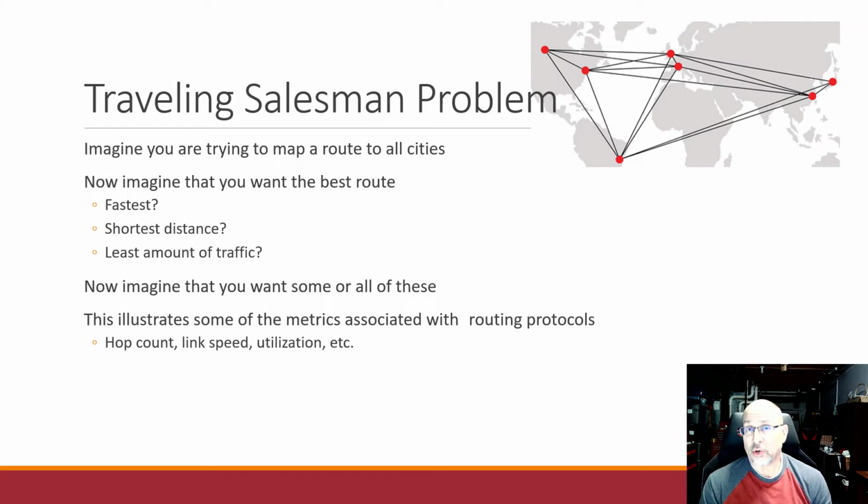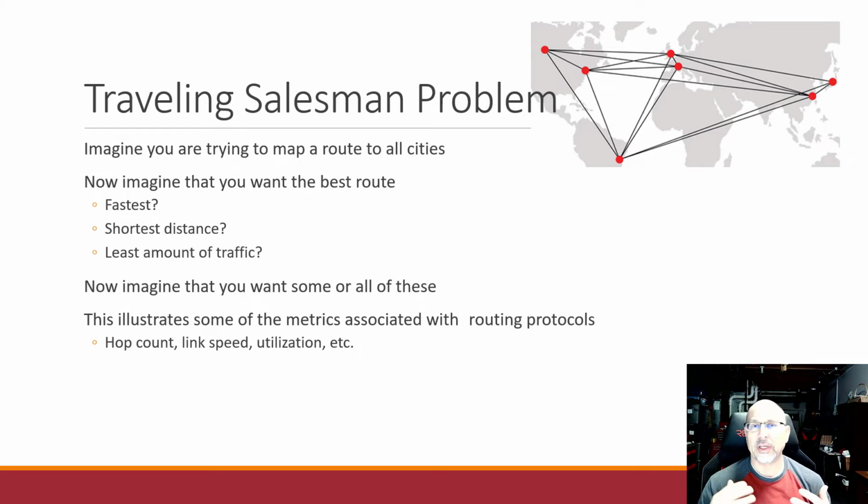What maybe is the shortest distance? Those are not necessarily the same thing. What pathway should I take that has the least amount of traffic? Now imagine that you're worried about a couple of these at the same time, or maybe all of them at the same time. So clearly the problem gets more and more difficult the more qualities we search for.